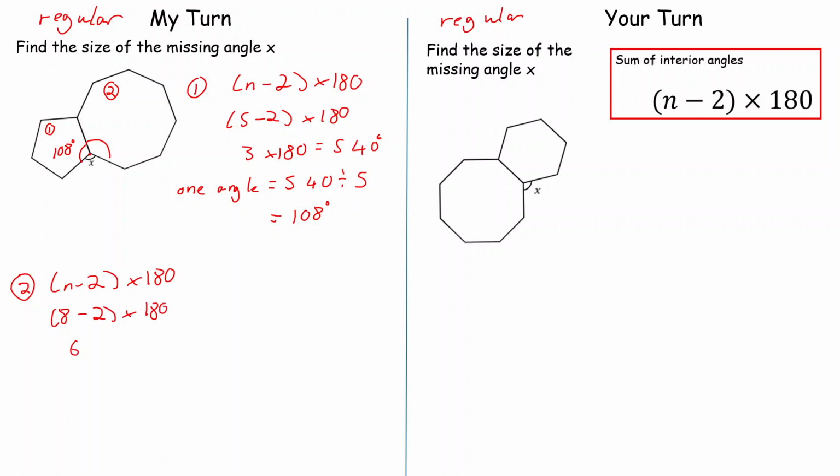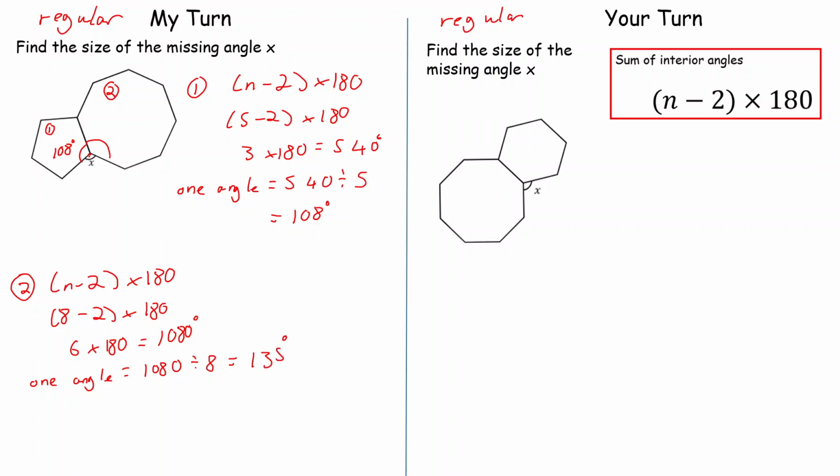We've got 6 times 180, which is equal to 1080 degrees. And again, you want to get the size of one of the angles because we're going to use that later. Because there are 8 angles in the octagon, you divide it by 8. 1080 divided by 8 gives you 135 degrees.